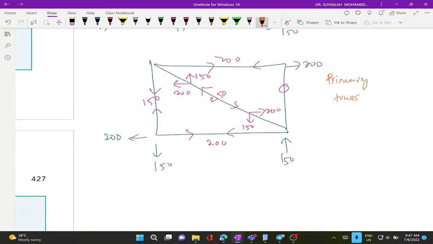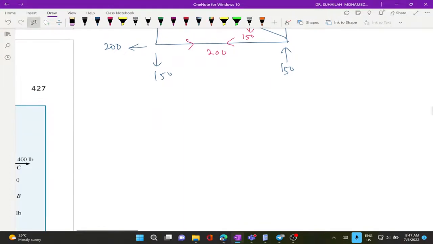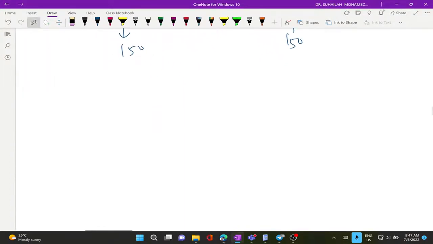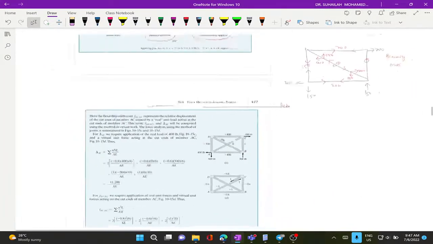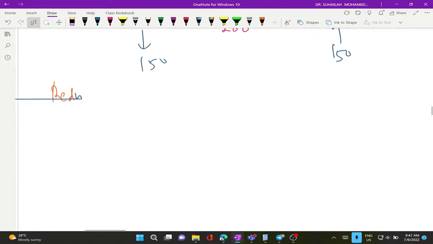So now we will move to the redundant truss. In the redundant truss, the symbol is N1.